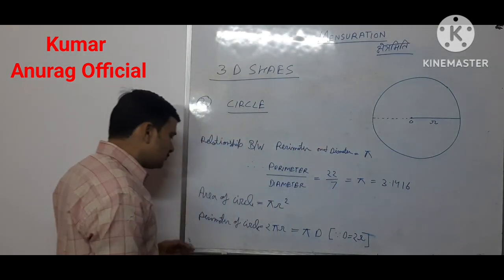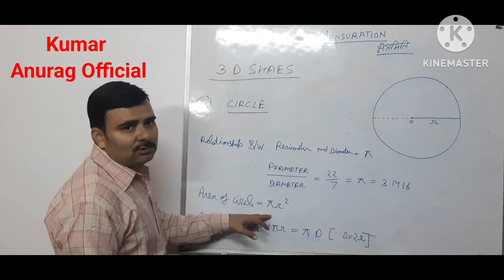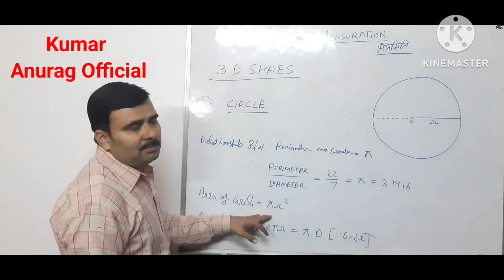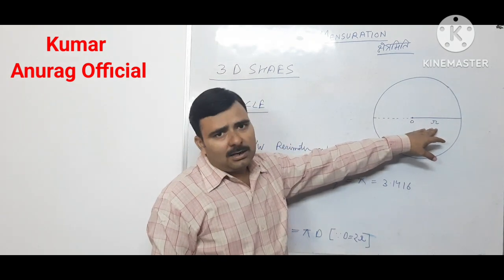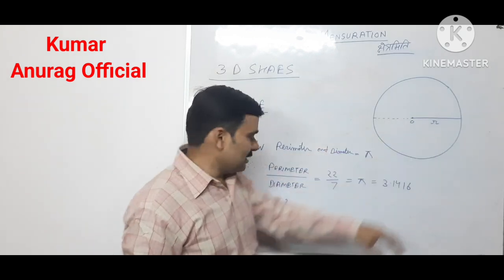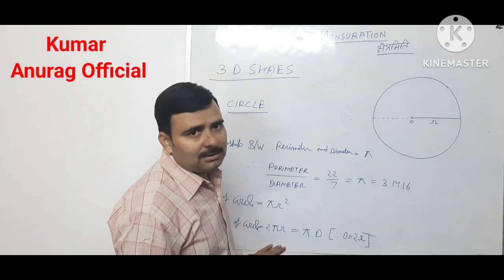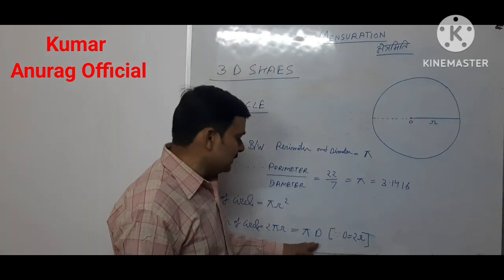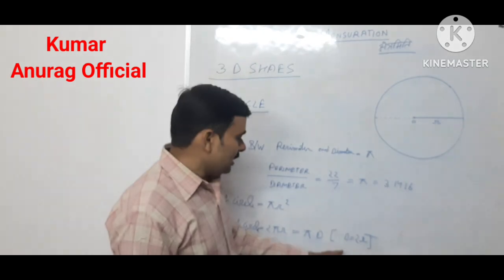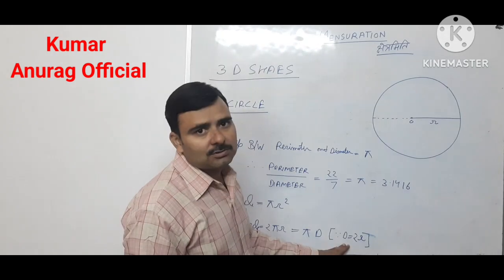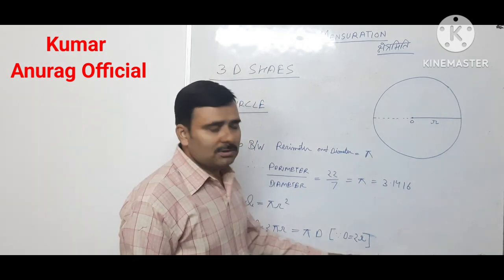Now suppose we want to find the area of a circle. We have a formula that the area of a circle is equal to pi r square, meaning pi into r square. And if we want to find the perimeter of a circle, that will be 2 pi r. It can also be written as pi d, because d is the diameter, and we know that the diameter is equal to 2r, double the radius.